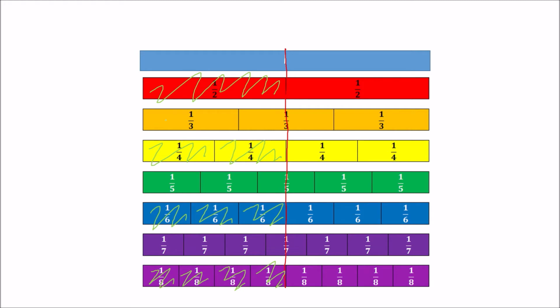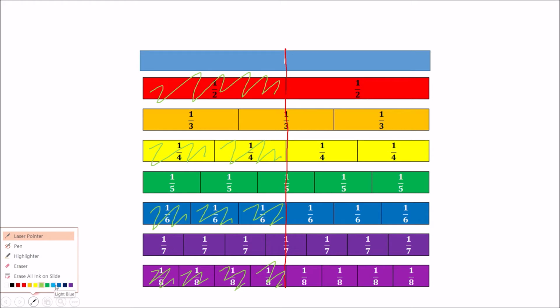So a half is the same as 2 quarters and is also the same as 3/6 and 4/8. So all of those fractions are equivalent to a half. They're all the same as a half. And you can do this, that's not the only equivalent fraction.